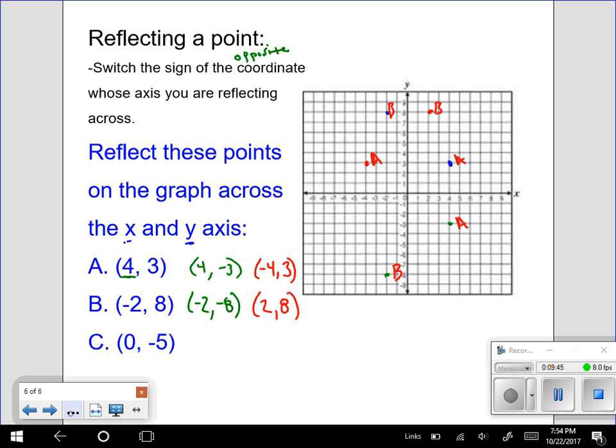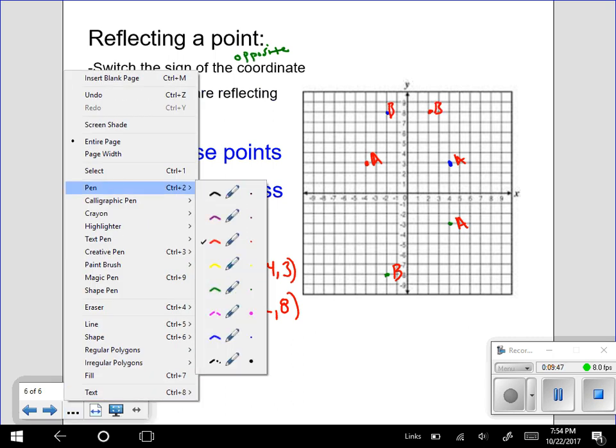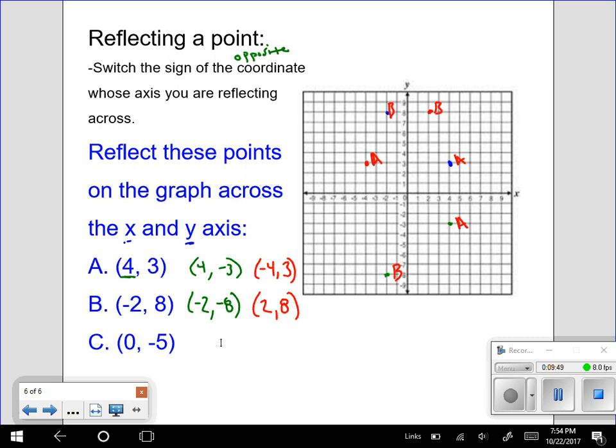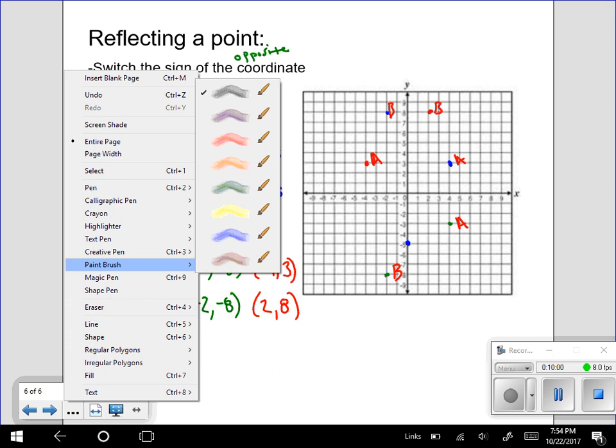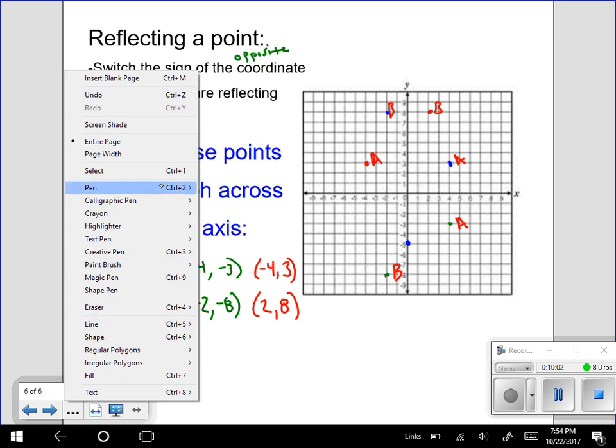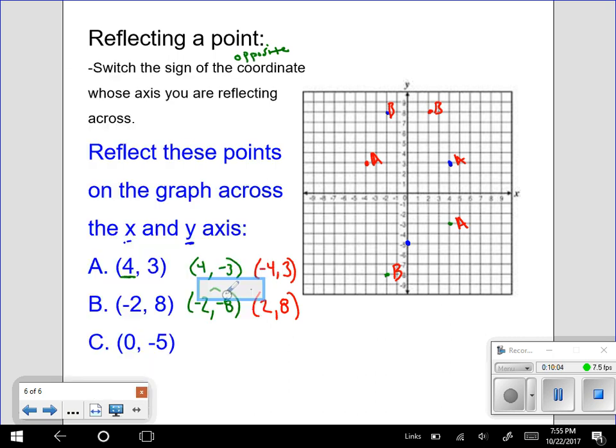And lastly, we have C, 0, -5. So, makes it a little bit tricky. But if I want to reflect this across the x-axis, that's not very difficult. I'm just going to change -5 to +5.